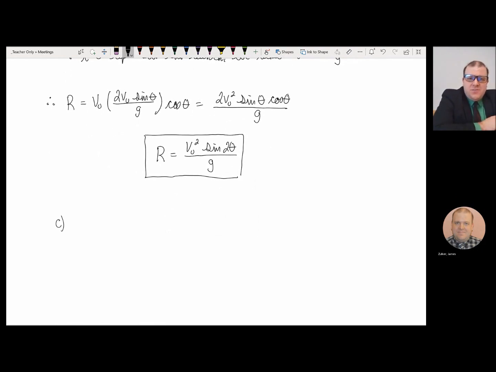And then we were asked to find the maximum range. Well, there are two ways. You could increase speed.